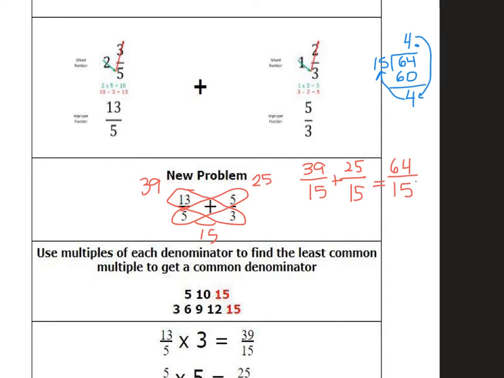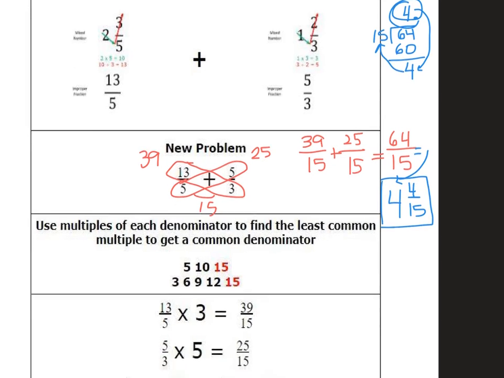So this mixed number is going to turn into the big shot up at the top, the 4 is your whole number, and 4/15. All right, so that was one method of solving this problem by using the butterfly, and you get 4 and 4/15.